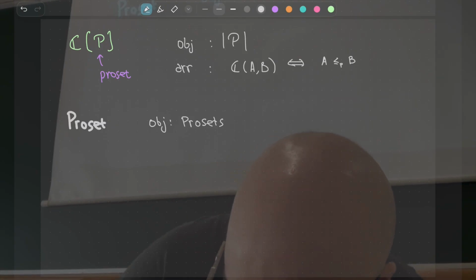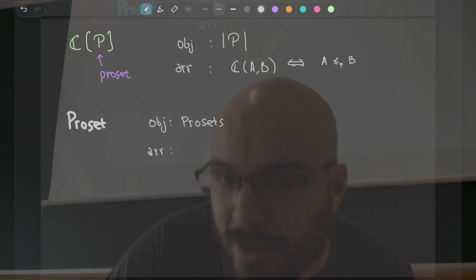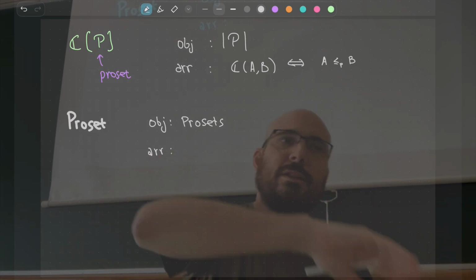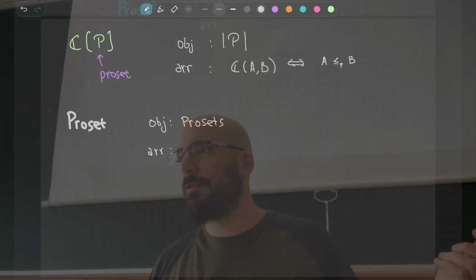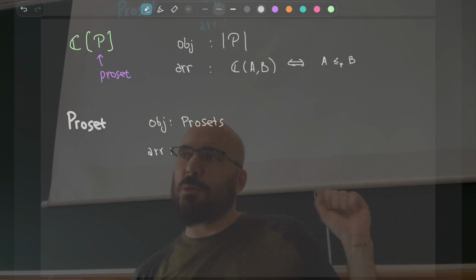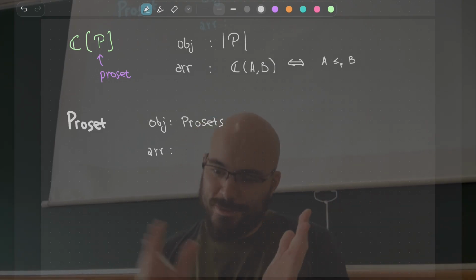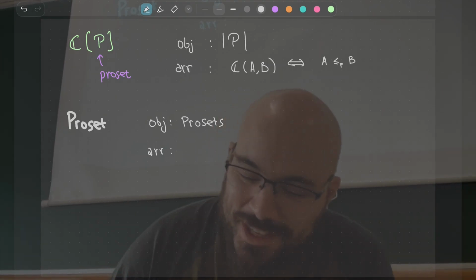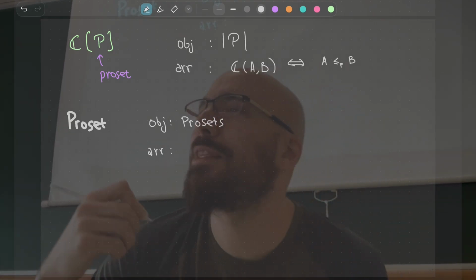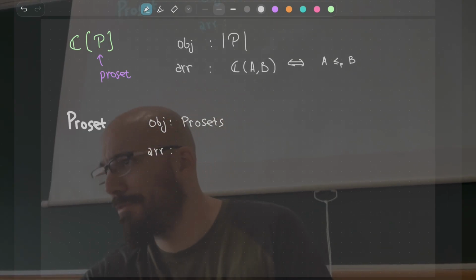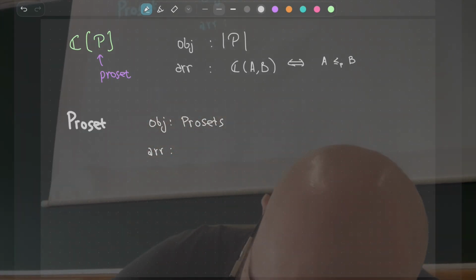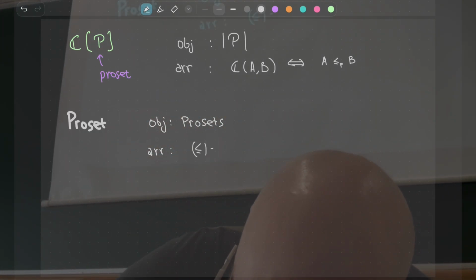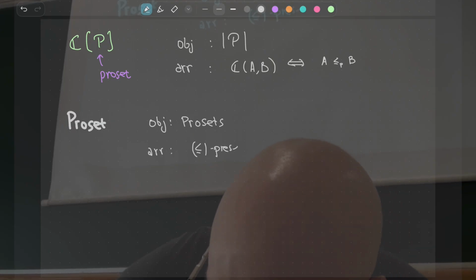And as arrows, can someone guess what are the way that we get from a proset to a proset? Yes? Homomorphism. What does homomorphism mean there? Yeah, so we call them either monotone or order preserving, all these things. Yeah, okay. So these are the preserving maps.